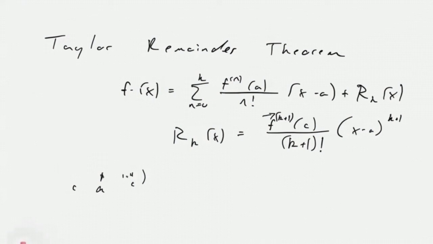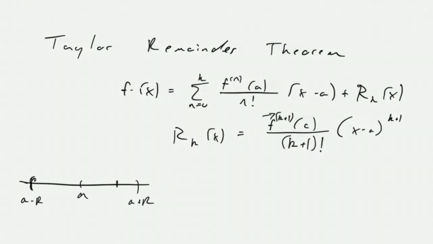So what good is this? What good is this theorem? Well, let me draw this picture of the interval again. Let's say we are working on this interval. We're approximating something on this interval, trying to approximate our function here.